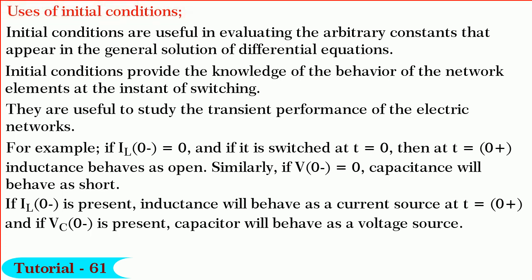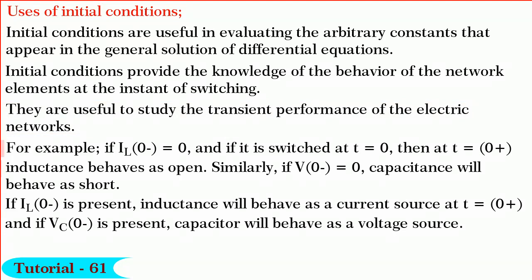In the first place, initial conditions are useful in evaluating arbitrary constants that appear in the general solution of differential equations. They provide the knowledge of the behavior of the network elements at the instant of switching. They are also useful to study the transient performance of electrical networks.